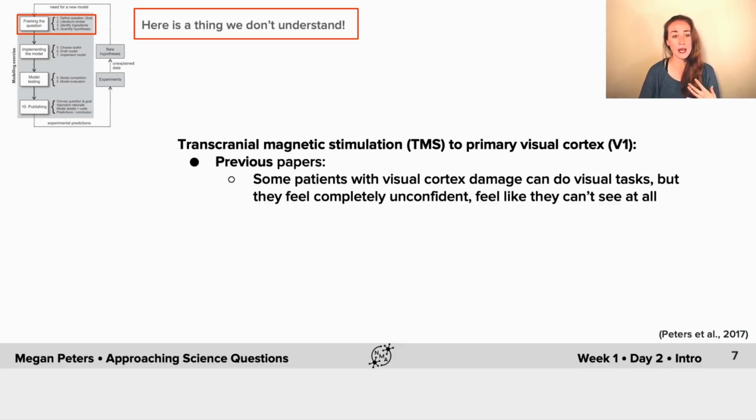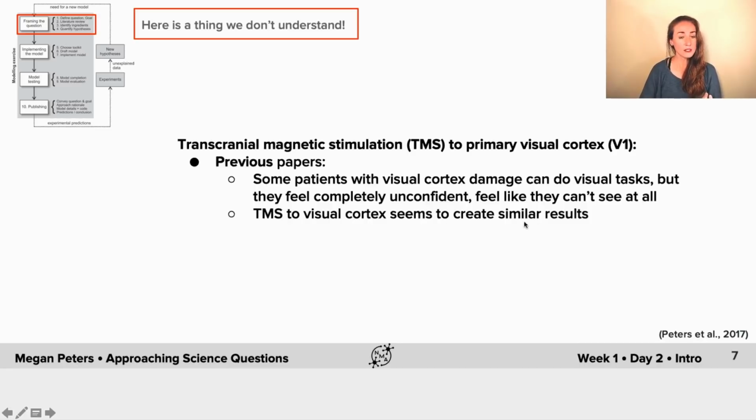So you ask them, they say, I can't see at all, but the visual information is still getting in somehow. Okay, so this is what had been previously published, that TMS to visual cortex also seems to create this same effect.